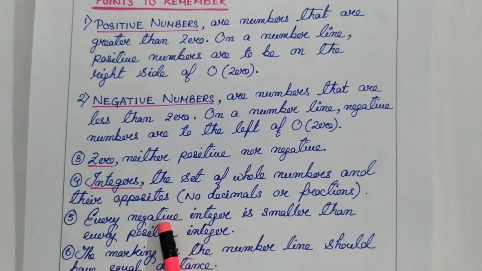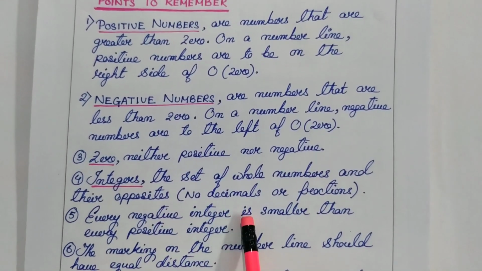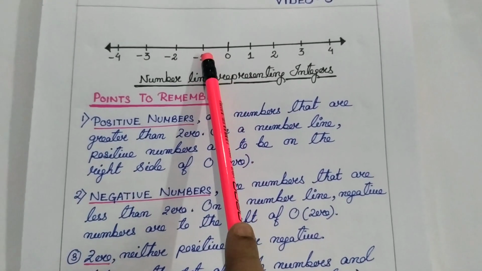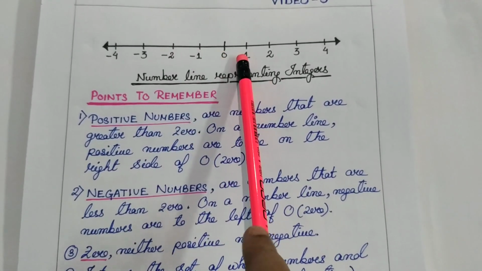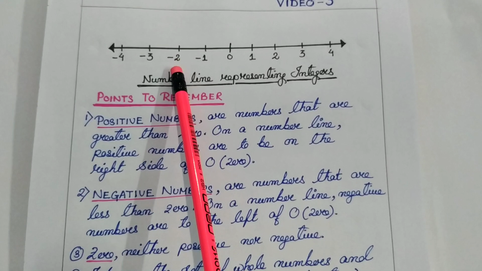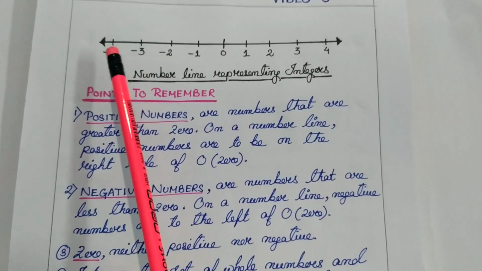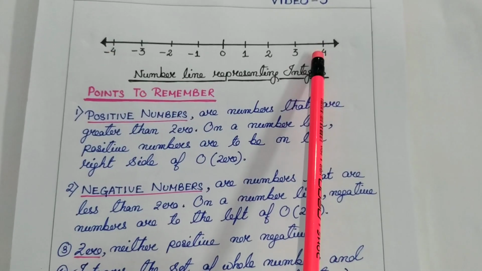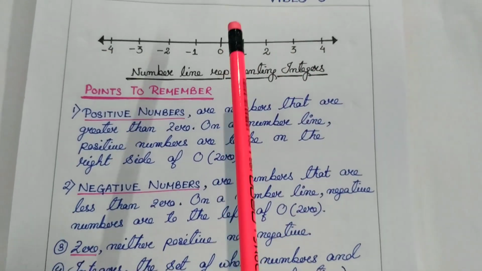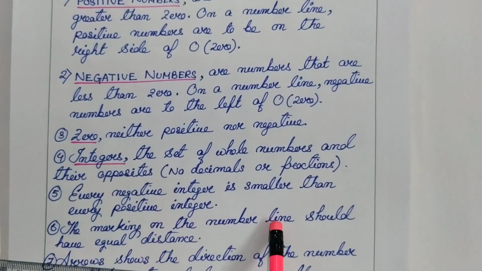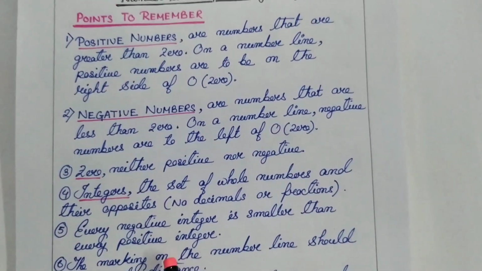Next, every negative integer is smaller than every positive integer. That means -1 is smaller than 1, -2 is smaller than 2, -3 is smaller than 3, -4 is smaller than 4. Understood this one? Then the markings on the number line should have equal distance.